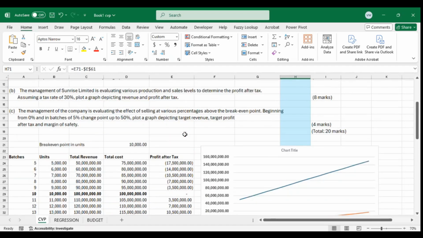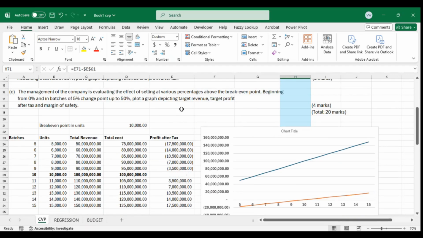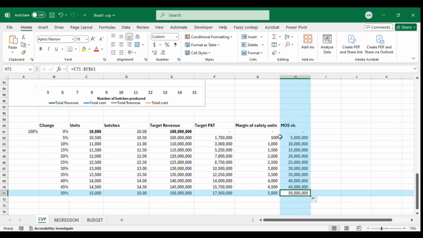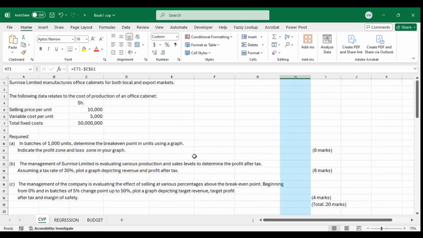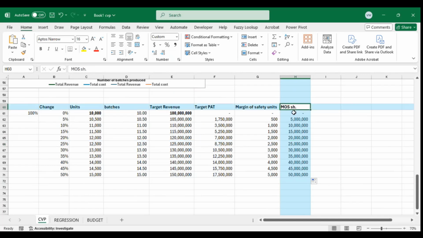And we are told to plot on a graph. So once you have the values, now you can easily plot them on a graph. The question wants us to plot the graph showing the total revenue and the margin of safety. So we can actually highlight, the question has not told us the margin of safety based on what. So in this case, there's no problem. We can use the margin of safety in monetary terms.